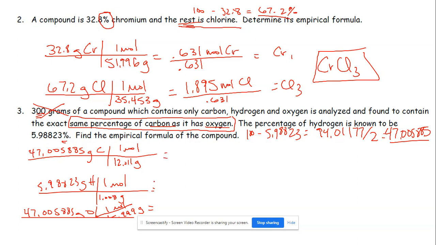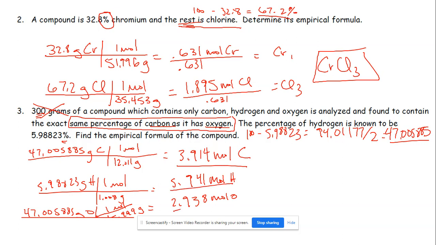All right, so then we end up with 3.914 moles of carbon and 5.941 moles of hydrogen. And here 2.938 moles of oxygen.